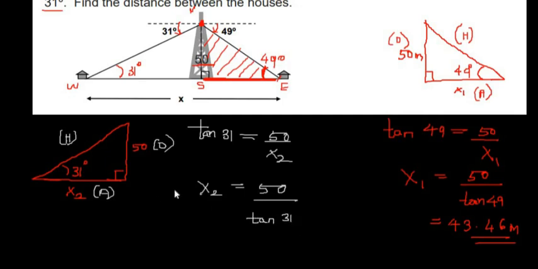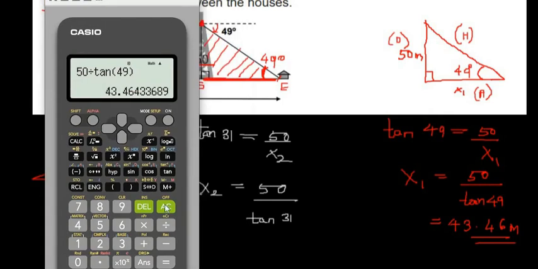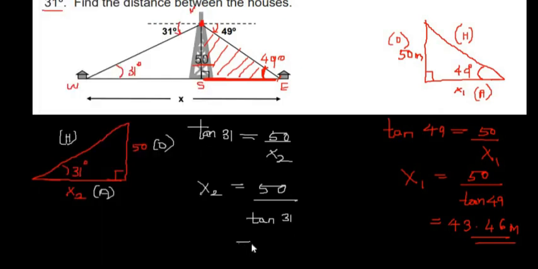So let us find out how much we get. Here it is 50 divided by tan of 31 degrees. We have 83.21. So we can write here 83.21. This is our x2.